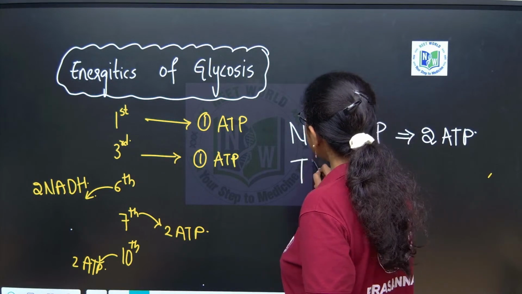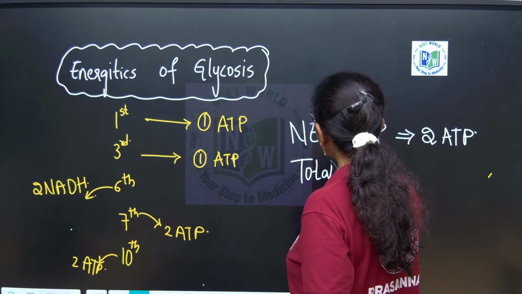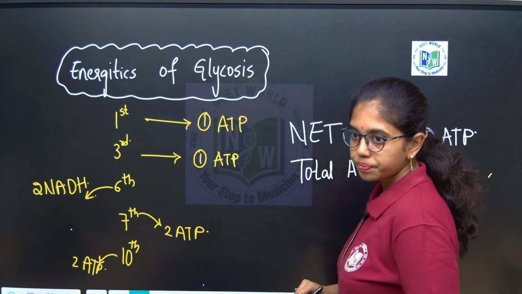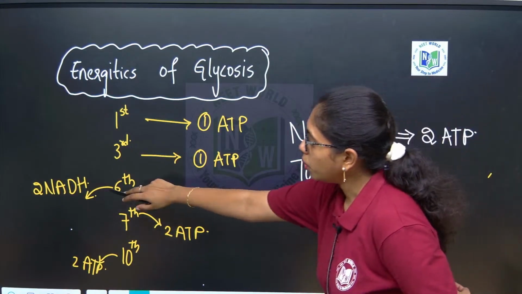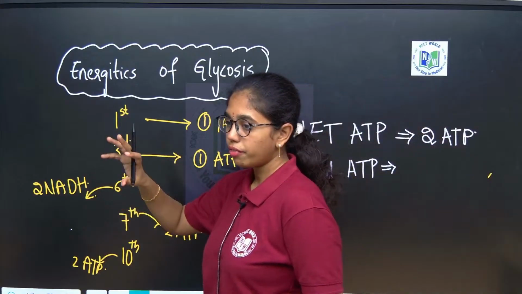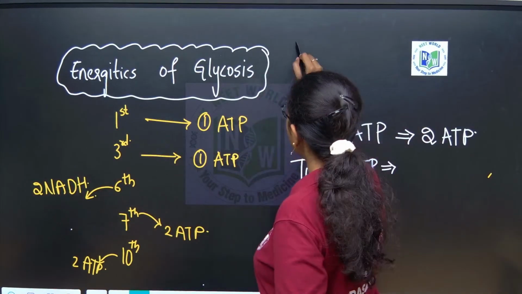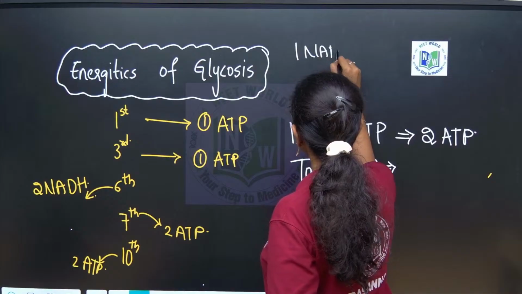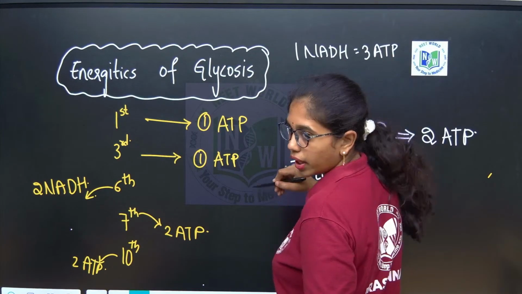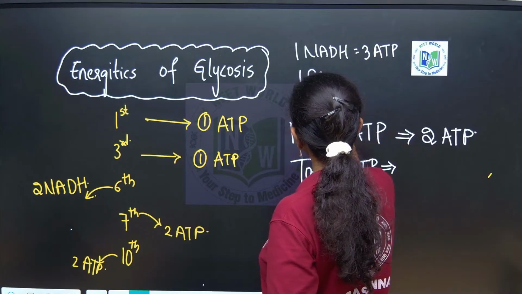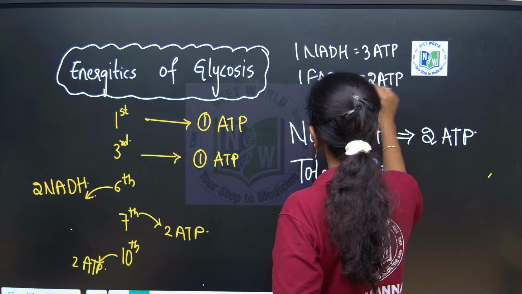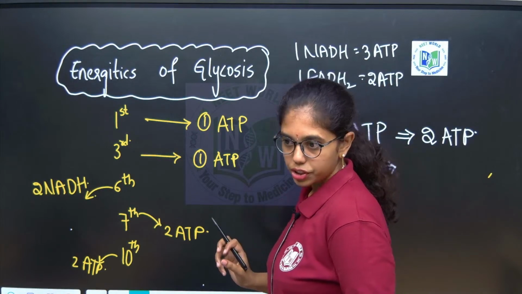Here comes the second type of question, what is the total ATP released from glycolysis? 2 NADH is there, right? So, for our approximate calculation, remember, 1 NADH is equal to 3 ATP, 1 FADH2 is equal to 2 ATP, for our calculation.